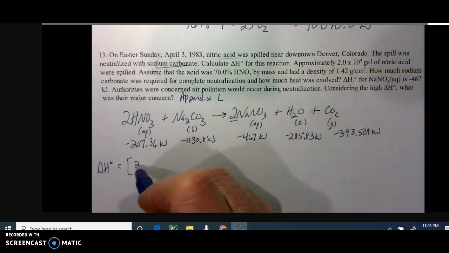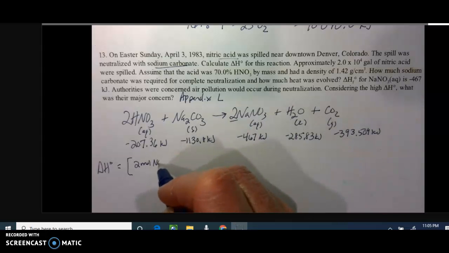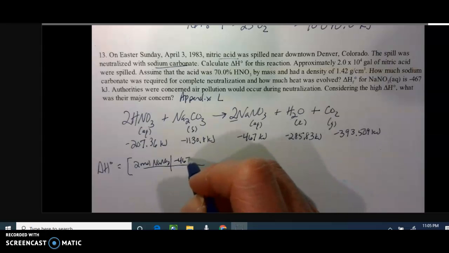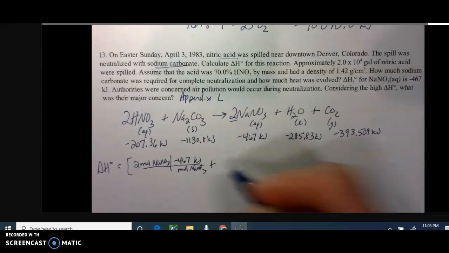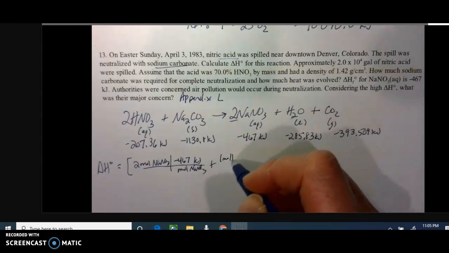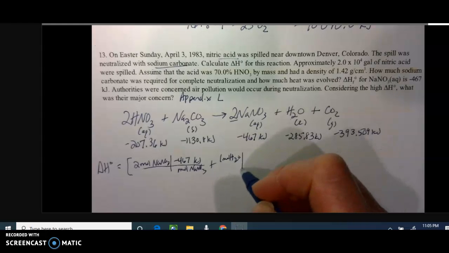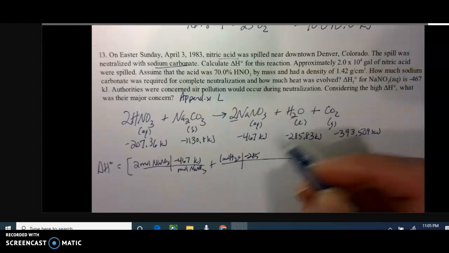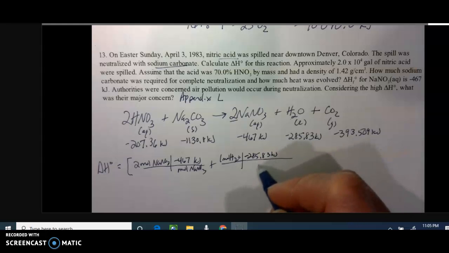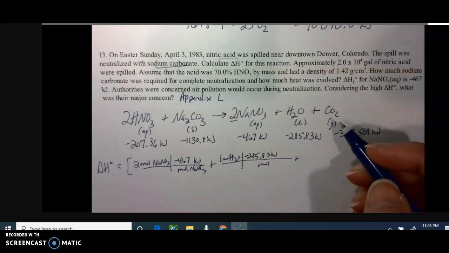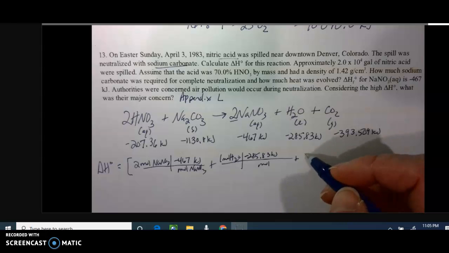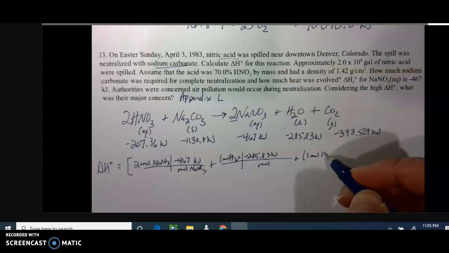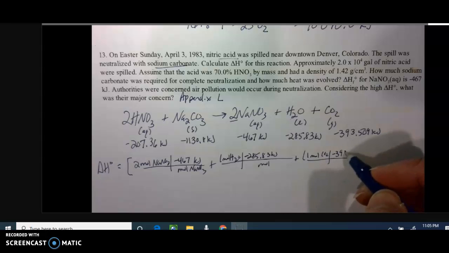So I'm going to do 2 moles of NaNO3 over negative 467 kilojoules per mole of NaNO3 plus 1 mole of H2O, negative 285.83 kilojoules per mole plus 1 mole CO2 over negative 393.509 kilojoules per mole.